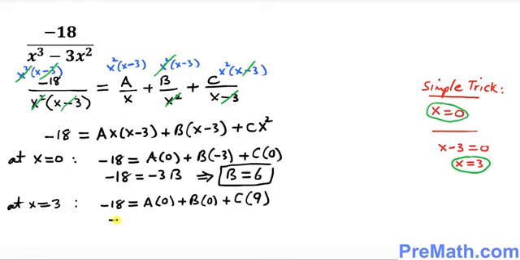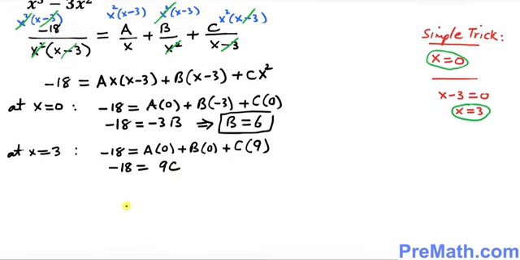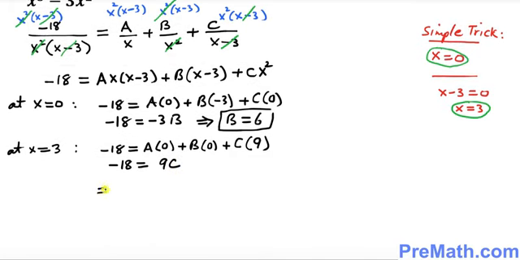So that means we got negative 18 equal to 9c, so that is going to give us c equal to negative 2.